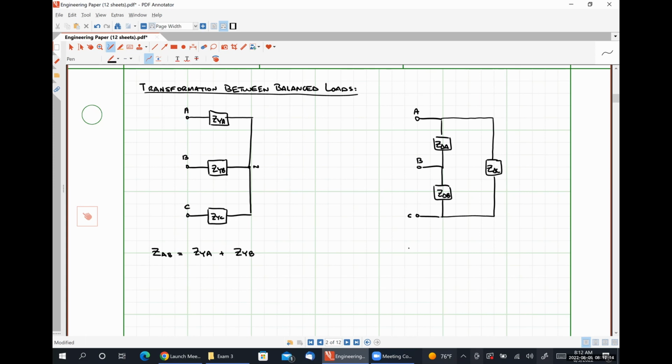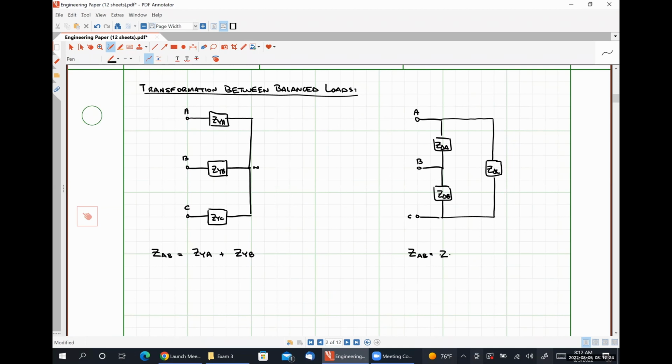And the impedance seen between terminals A and B on the right-hand side is going to be Z delta A in parallel with Z delta B in series with Z delta C, which we could rewrite as Z delta A times Z delta B plus Z delta C divided by Z delta A plus Z delta B plus Z delta C.